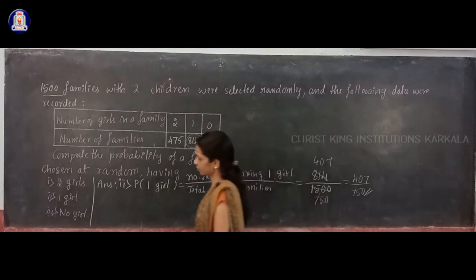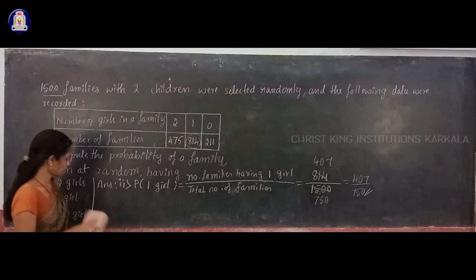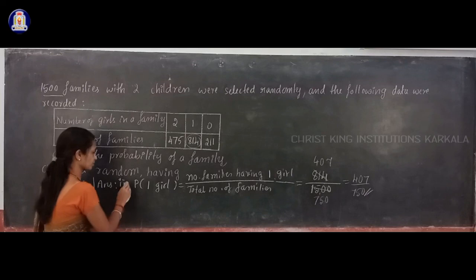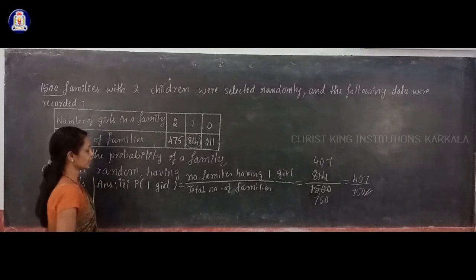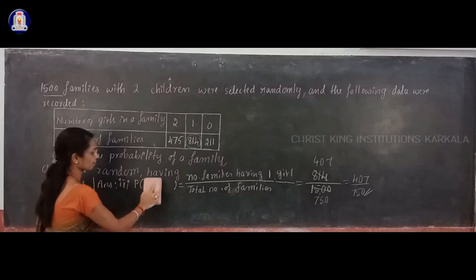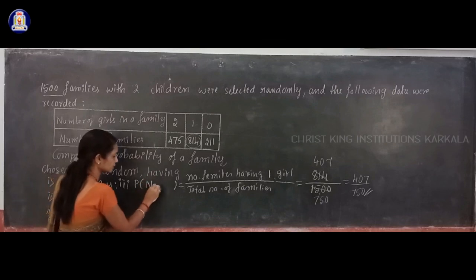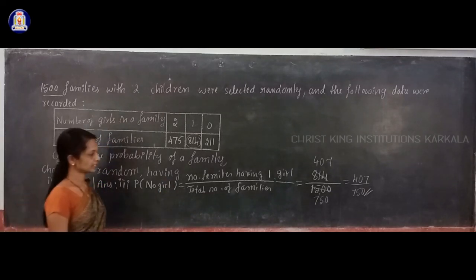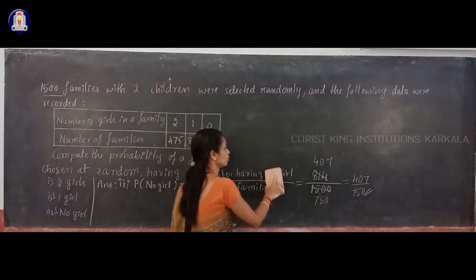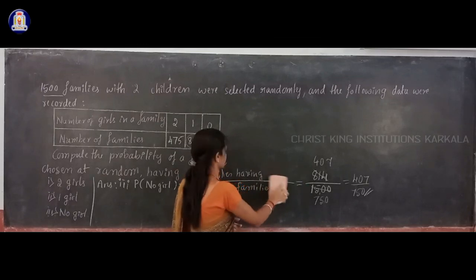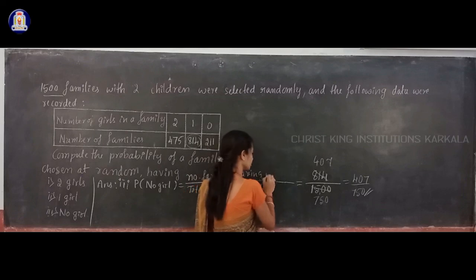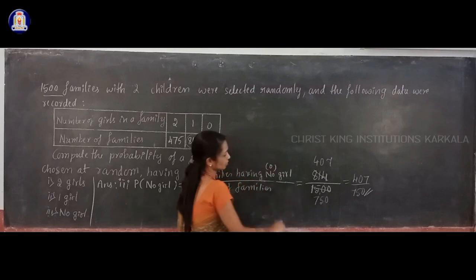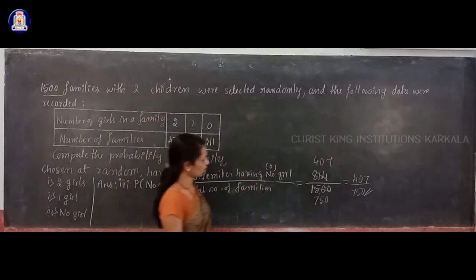Next, same type, last one: the probability of a family having no girl. So now the answer for the third one. P of no girl means the probability of a family having no girl, which is equal to the number of families having no girl, or zero girls, dividing by the total number of families.